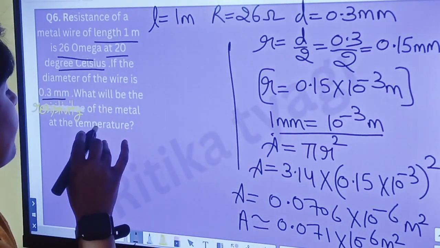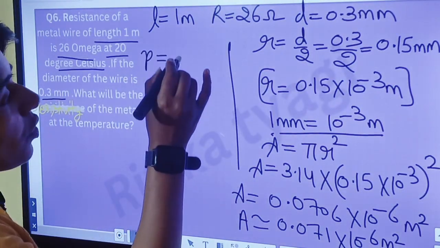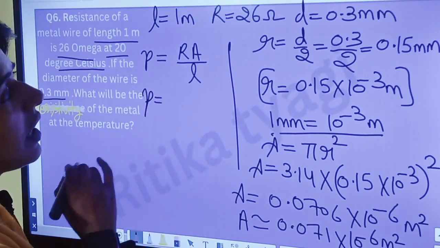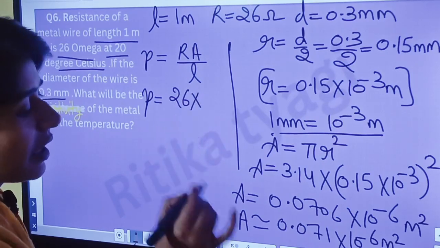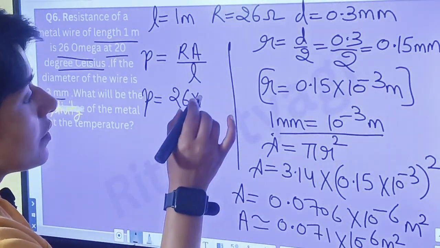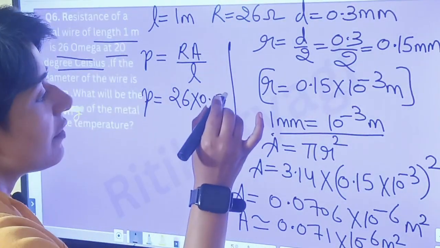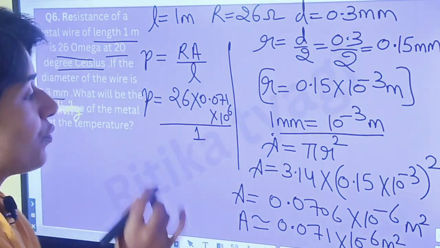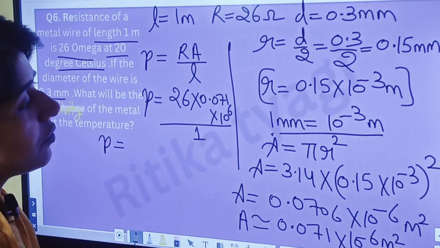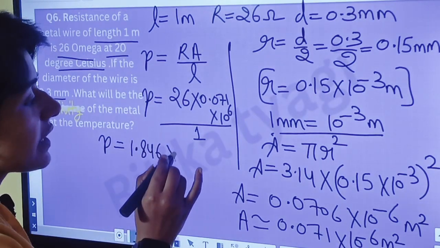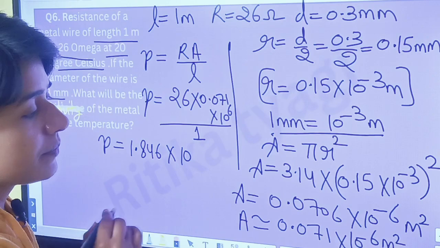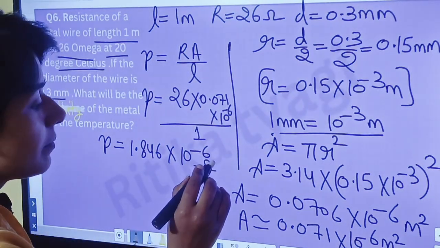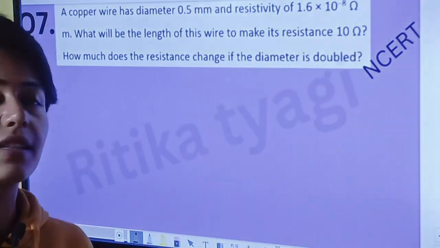Now we have to find the value of resistivity, that is rho equals R A by L. Putting the value for R 26, area of cross section 0.071 multiplied by 10 to the power negative 6, divided by length, that is 1. On solving it, we get 0.846 multiplied by 10 to the power negative 6 ohm meter.